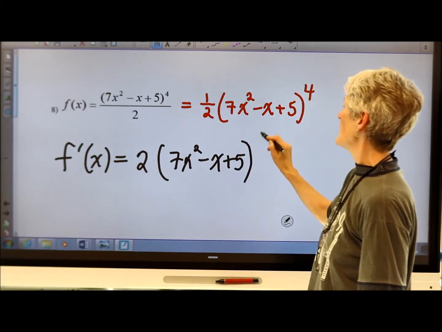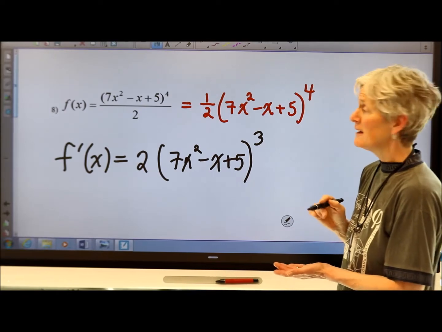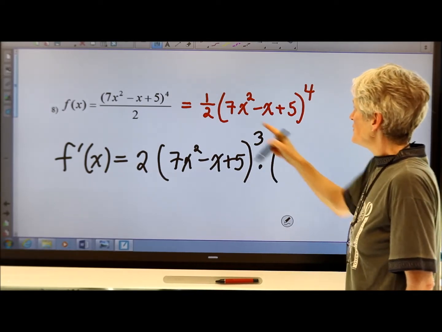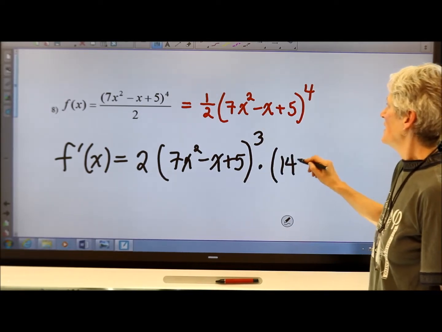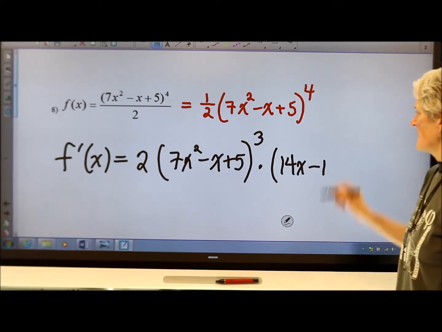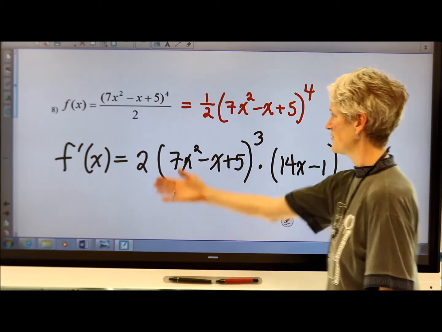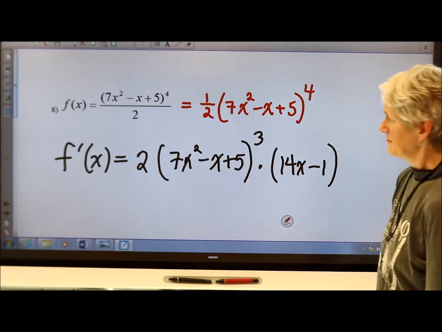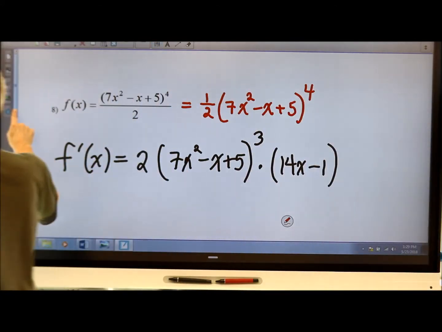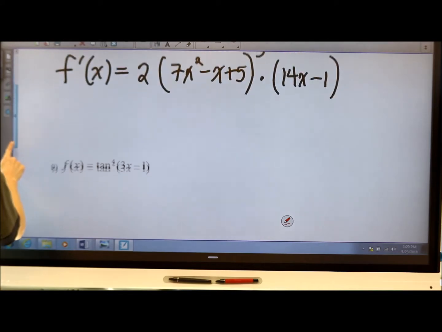I just did the derivative of the outside times the derivative of the inside. And you could consider that fully simplified. It's just one term. That's good. All right, that was fun.